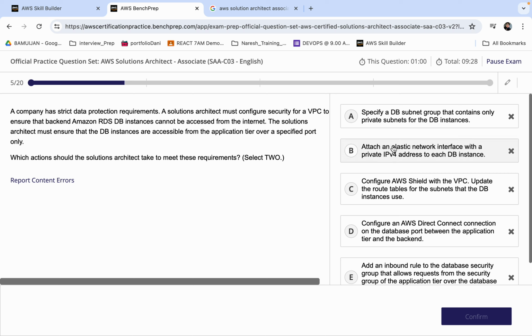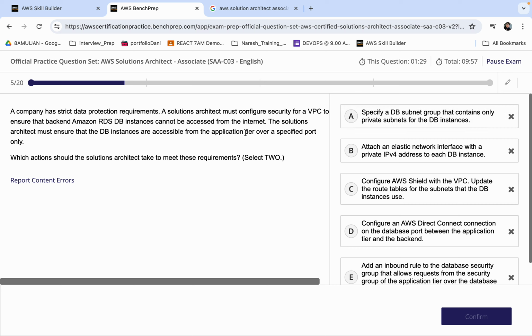So they are talking about security. Let's see what we can do. Specify a DB subnet group that contains only private subnets for the DB instances. This can be correct. Yeah, we can go for this, because a private subnet will make it more secure, since we don't want the data to be public.